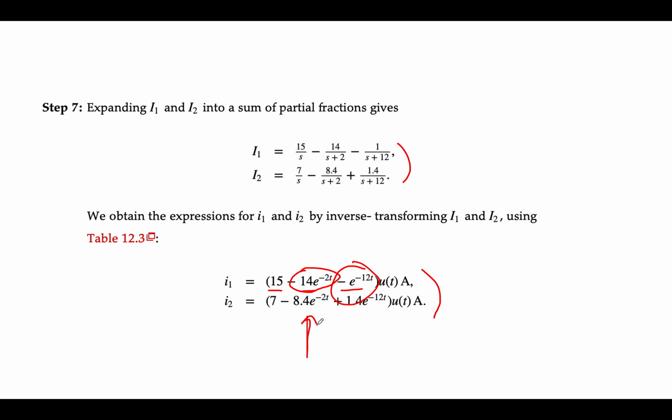Once again, I wish I had plotted these because I think it's important for you to realize this is not just about the mathematics of finding the numbers. It's about thinking about what the circuit's doing. So what this circuit is doing is, if you look here, as t goes toward infinity, these transient terms die away. And you have 15 amps, no, I guess 15 amps in one loop and 7 amps in the other.